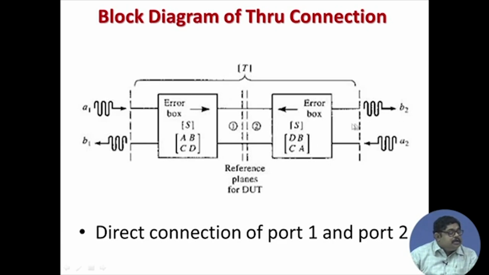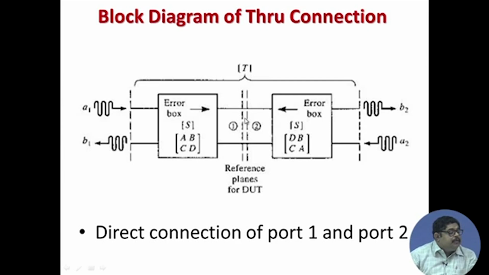Also, due to the nature of the connection, instead of S you can have transmission parameters on both sides, and if you call this side ABCD, this side you should call DBCA, because the things are coming from one side here, and from another side there. So, direct connection of port 1 to port 2 is called the through connection.